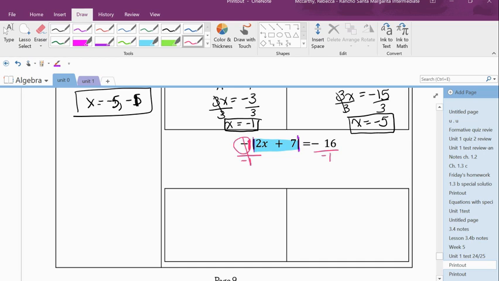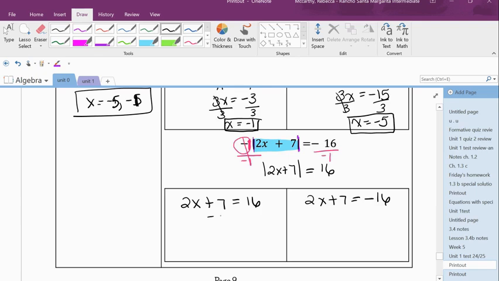That goes away, and now I'm left with the absolute value of 2x plus 7 is equal to 16. Now I account for my two cases. Case 1 is 2x plus 7 equals 16, and my negative case is 2x plus 7 is equal to negative 16.